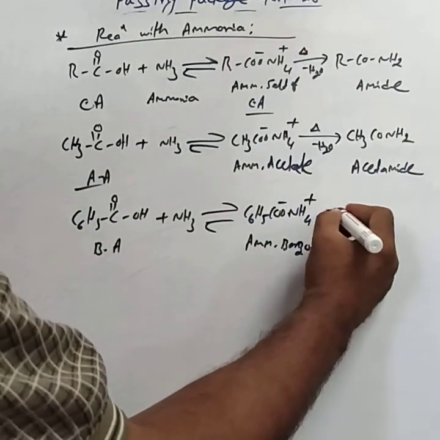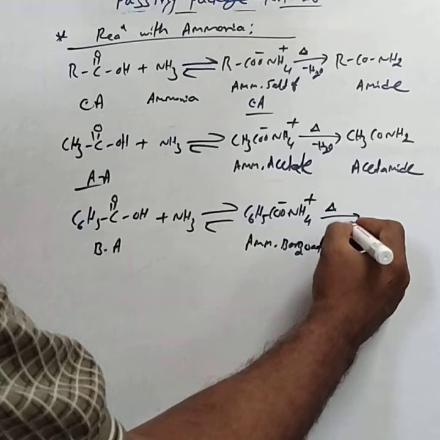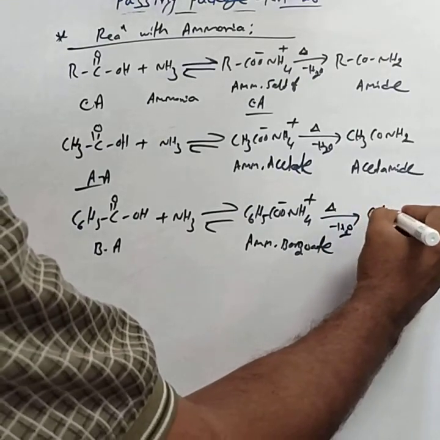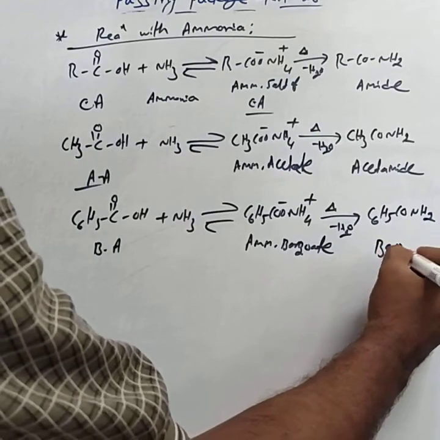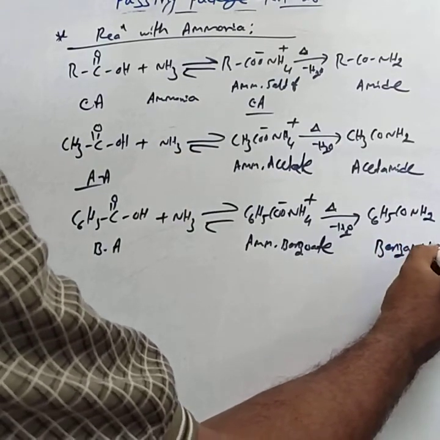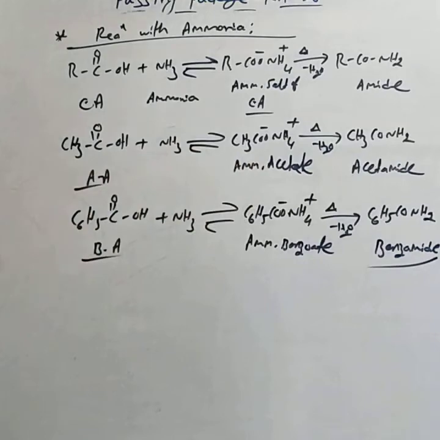Ammonium benzoate on heating again loses water and forms C6H5CONH2. This is called benzamide. From benzoic acid we get benzamide. Practice these reactions. They can ask this question for completing the equation. In the next class you can study other important reactions.